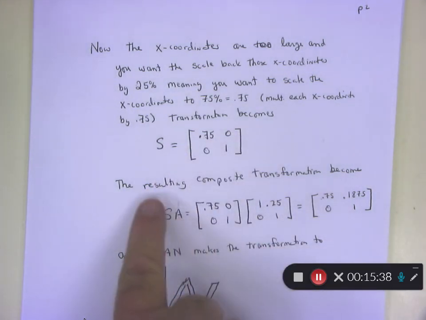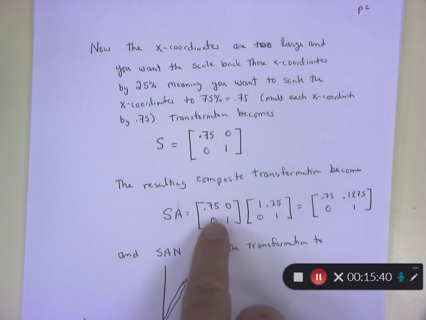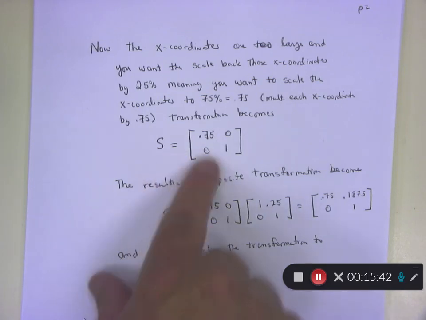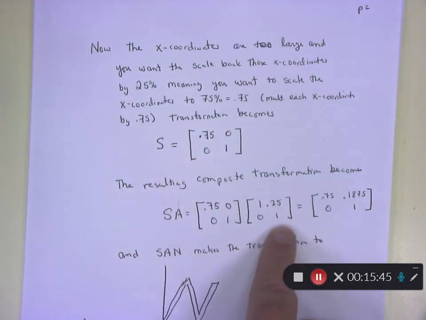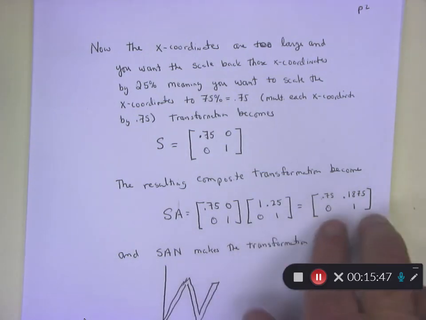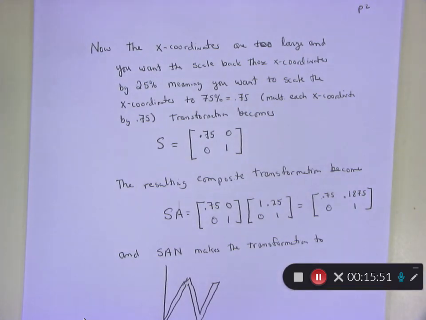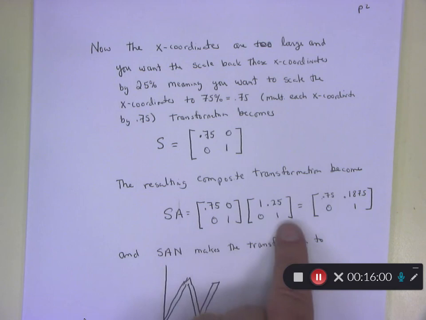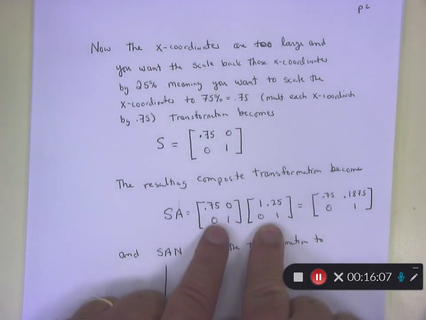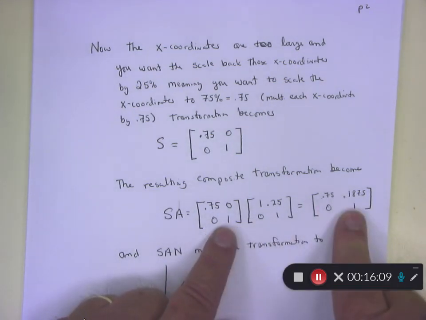And so you can do S times A, where S was the new transformation and A was the original transformation that did the shear. You can combine two transformations to create one big transformation, which gives you 0.75, 0.1875, 0, 1. All I did was take one of our classic transformations that we talked about in previous sections and multiply these two transformations together to do a combined transformation, okay?